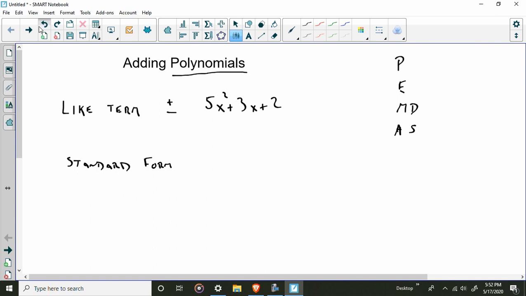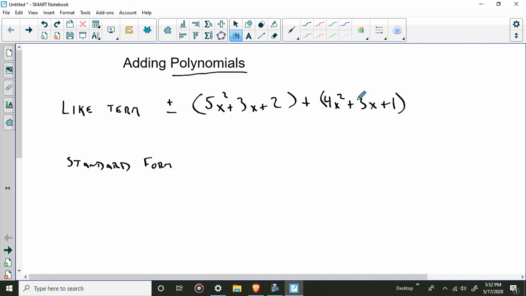What we can do, though, is group things together. What if I said 5x squared plus 3x plus 2, plus, say, 4x squared plus 3x plus 1? This is all addition.